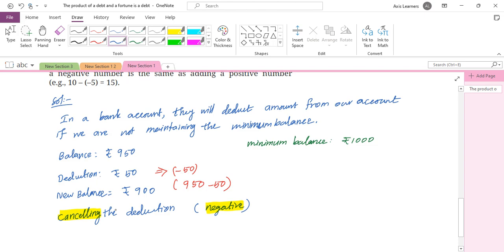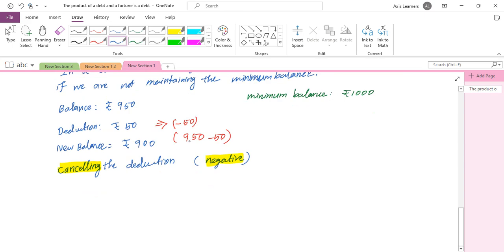Now they are cancelling the amount. So what will happen? Again my bank balance becomes 950. How? We will check. My new balance was 900. Now my balance is 900. They are cancelling, so it is negative.